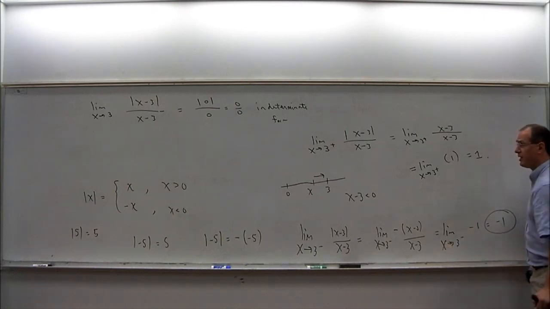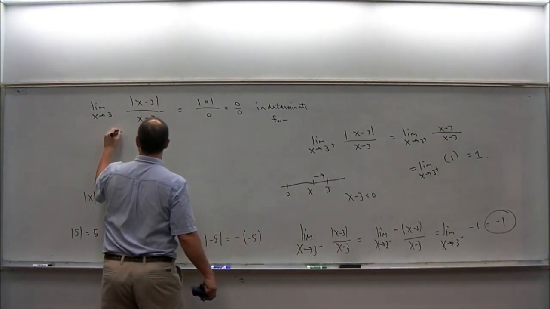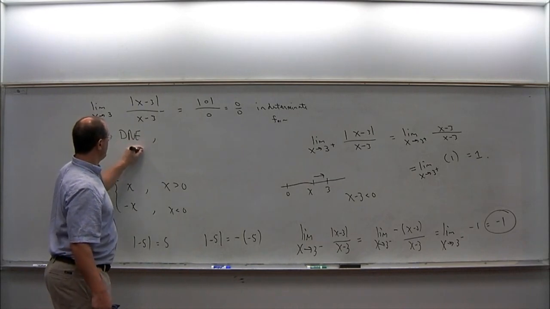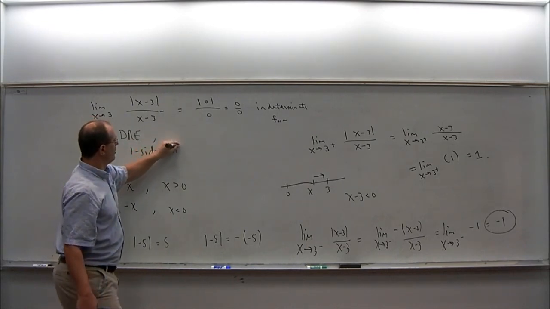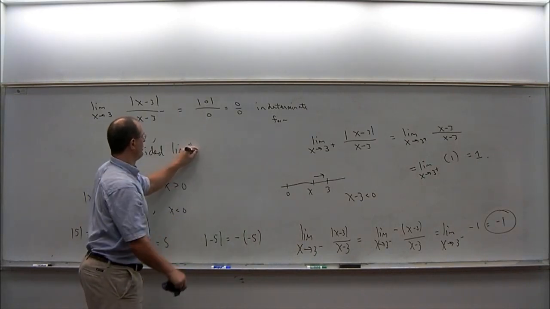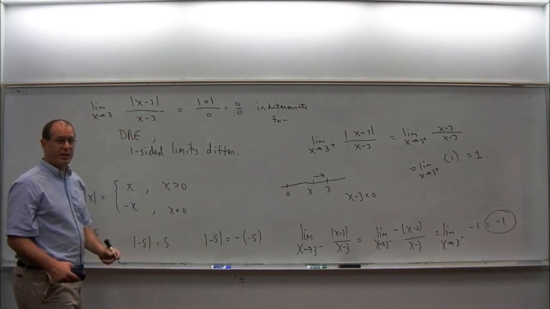So again, like in the last example, this two-sided limit does not exist because the one-sided limits are different. The one-sided limits differ, and so the two-sided limit doesn't exist.